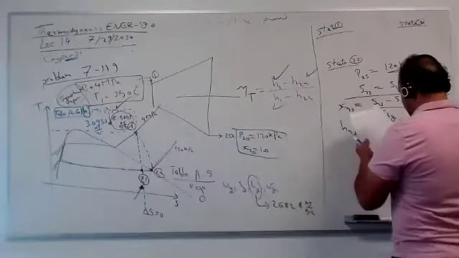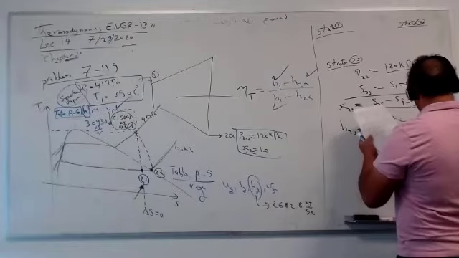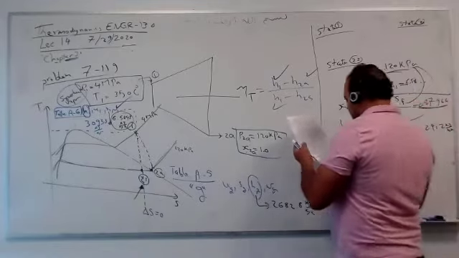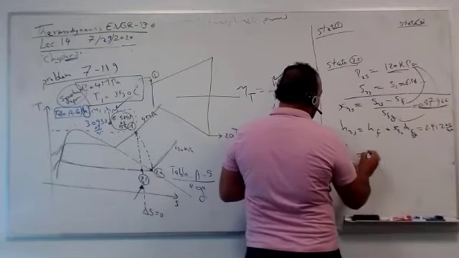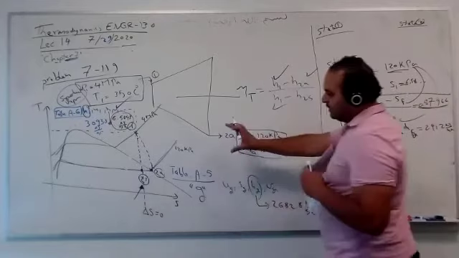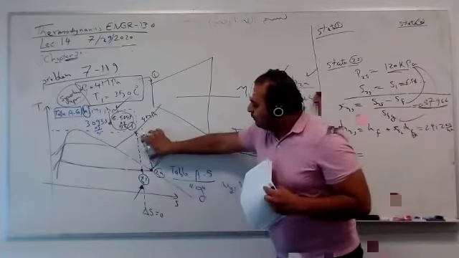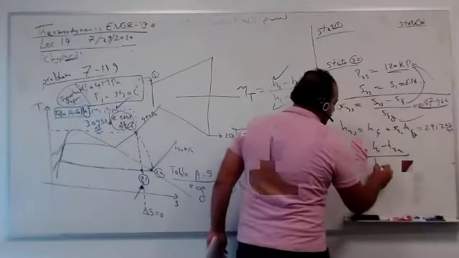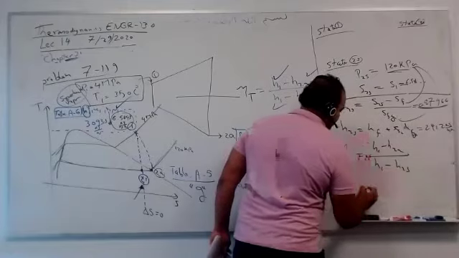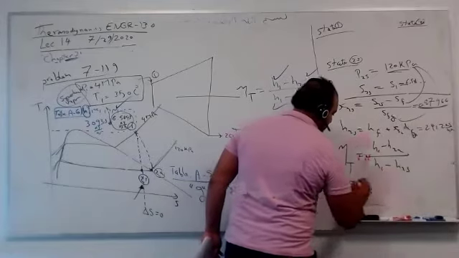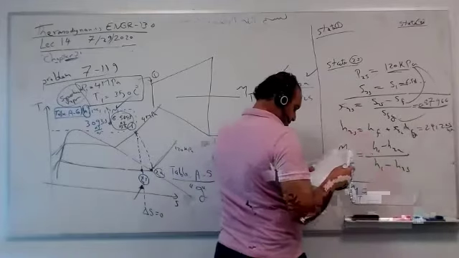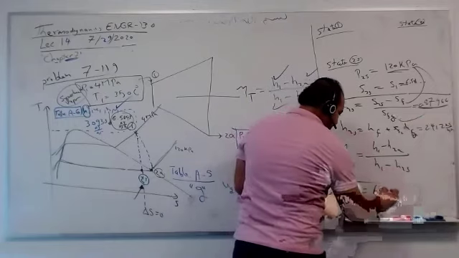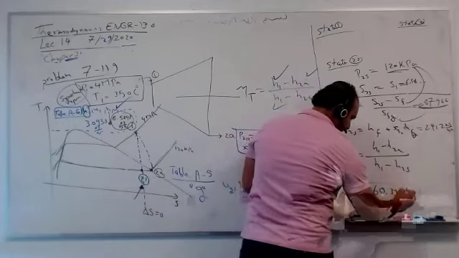It was 2412 kilojoule per kilogram. So eta turbine is shorter over longer, H1 minus H2A over H1 minus H2S, which was, so bad, 60.33. This is such bad efficiency.